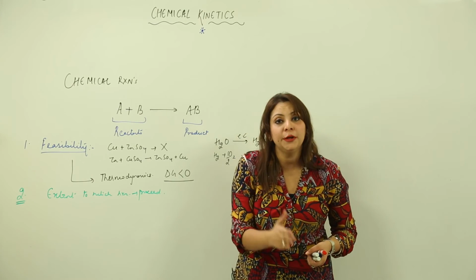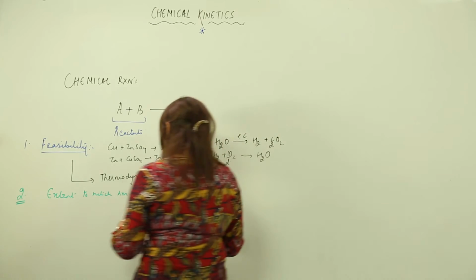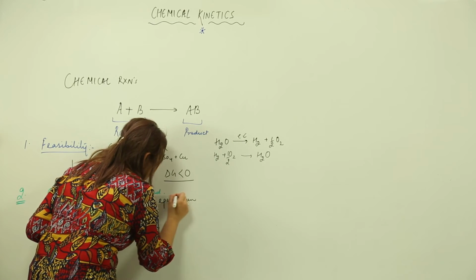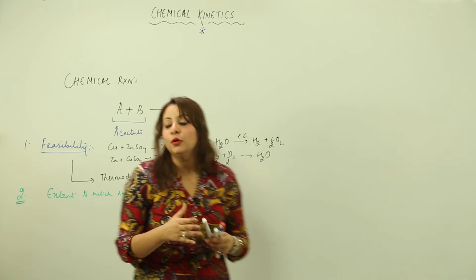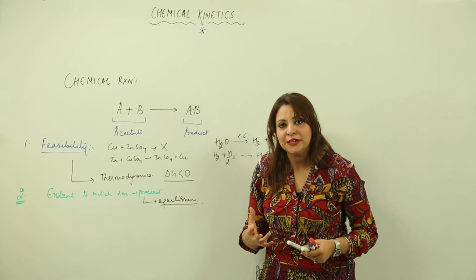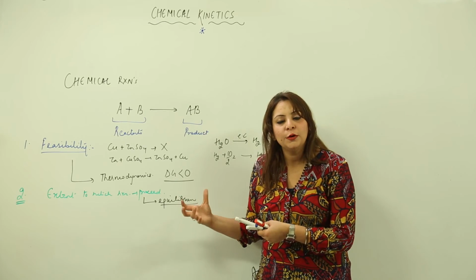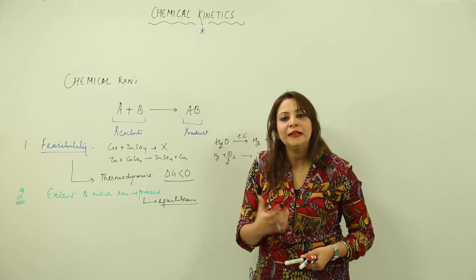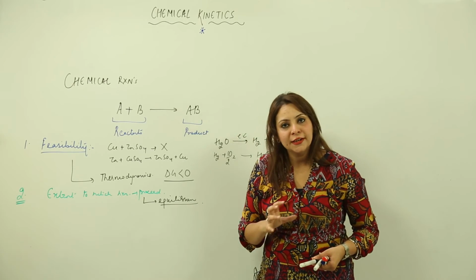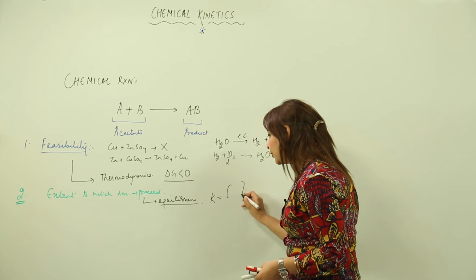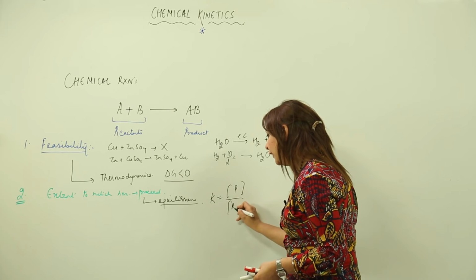That is the equilibrium. So we study equilibrium because it makes us aware about the extent to which the chemical reaction is going to proceed. How do you come to know from equilibrium? We have already done equilibrium, but for this moment I'll just recall that. We write the equilibrium constant expression, and that is written as K equal to concentration of product divided by concentration of reactant.